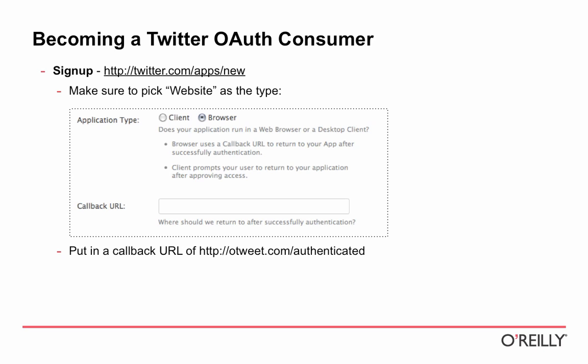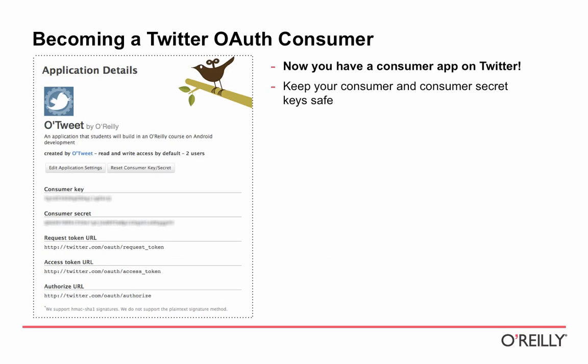Make sure you set up your application as a browser type, and you put in that otweet.com authenticated callback URL. And then after all that is set up, you will have a consumer key and a consumer secret key, which I've blurred out here on mine. But you'll need those two pieces of information, and we'll put those into a properties file in our application there in the first week, and then you will be a consumer app on Twitter and be ready to act on behalf of a user.